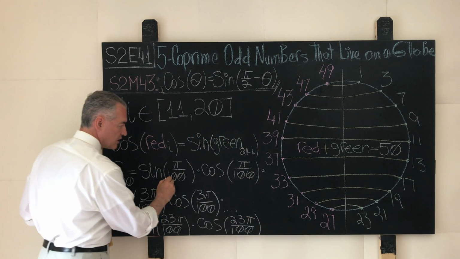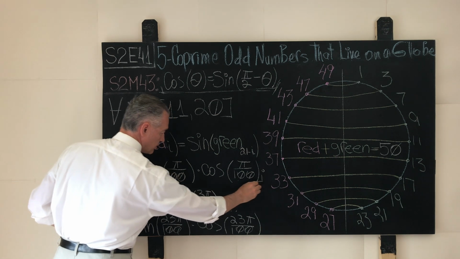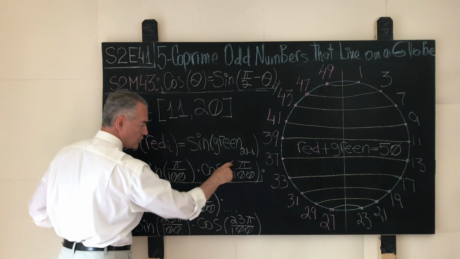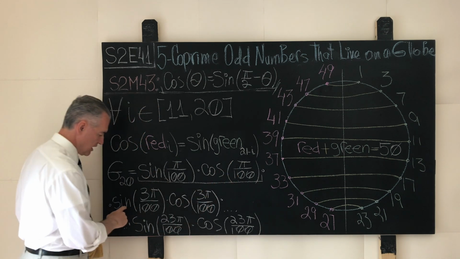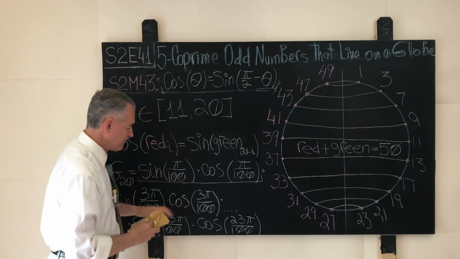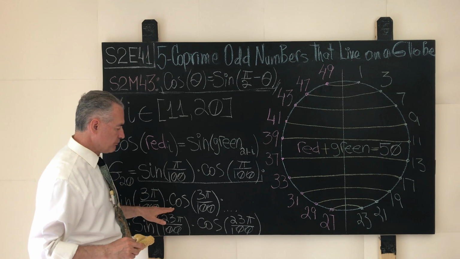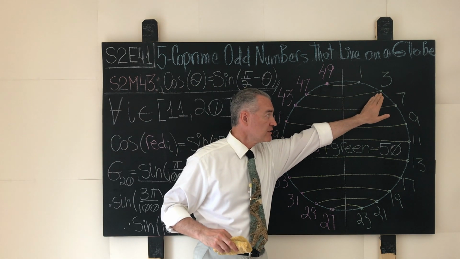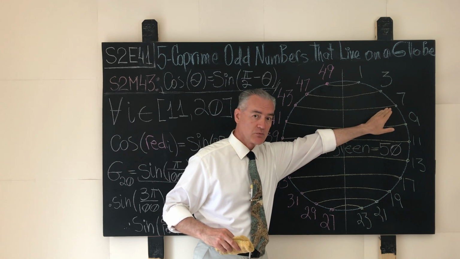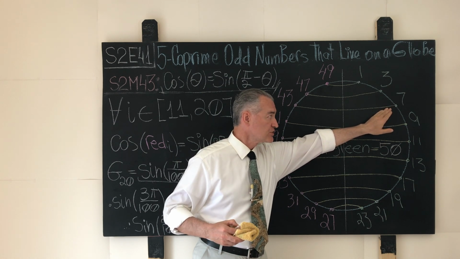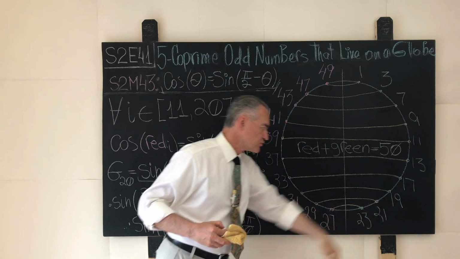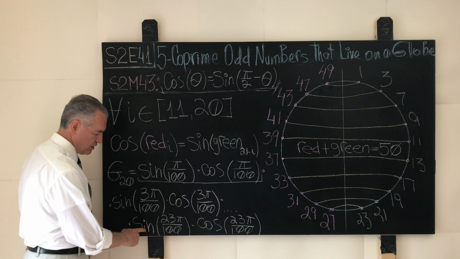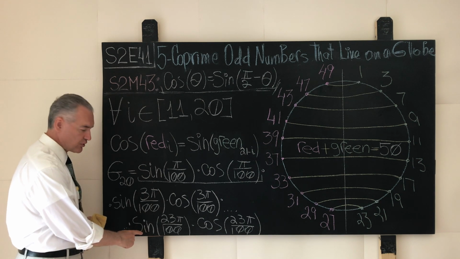These numbers all can be paired up. The cosine of pi over 100 is paired up with the cosine of pi over 100. The sine of 3 pi is paired up with the cosine of 3 pi, then the sine of 7 pi over 100 with the cosine of 7 pi over 100, and so on, all the way to the very last pair, which is comprised of what?